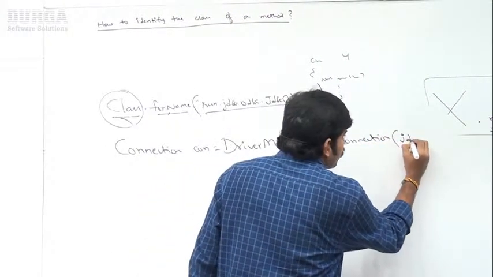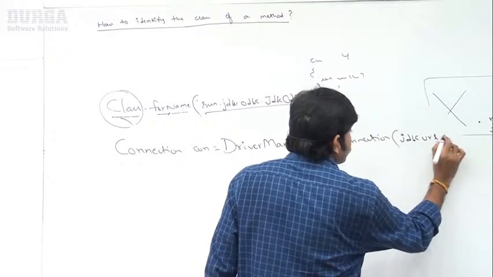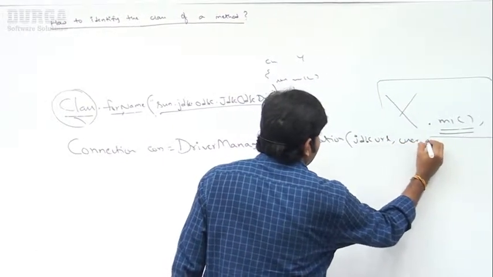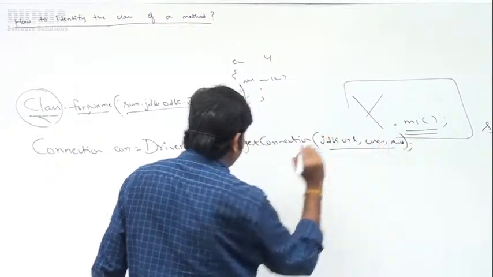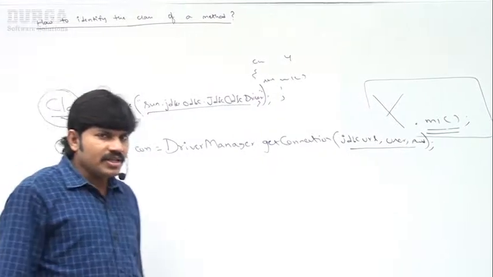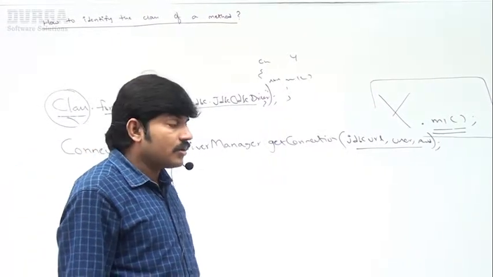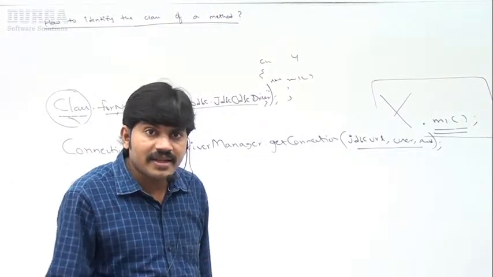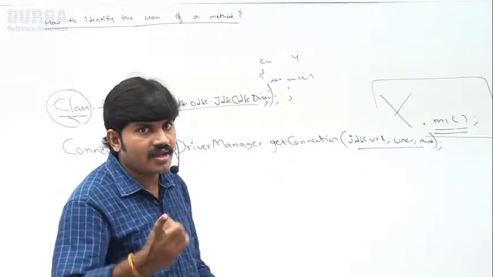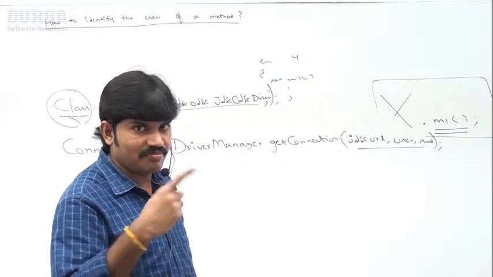Here we have to pass the JDBC URL, and after that the username and then the password. Now immediately some students are going to ask, sir, you are calling the getConnection method, where is that method available?